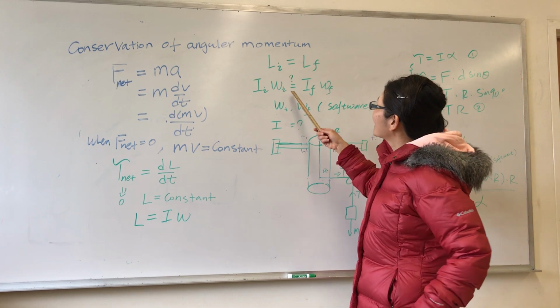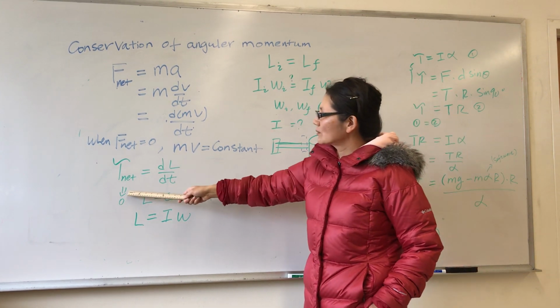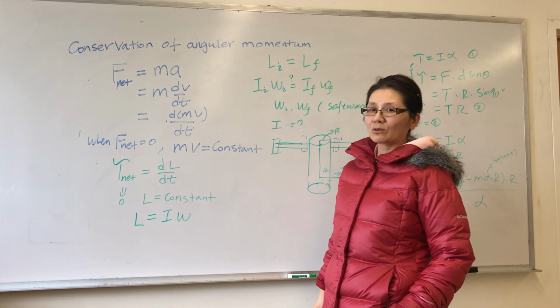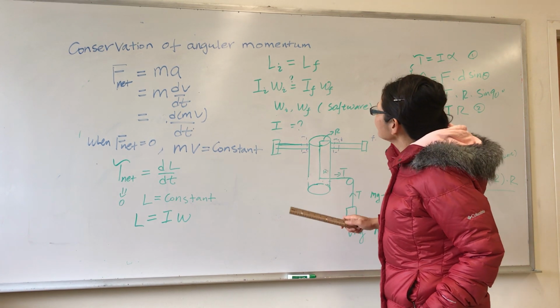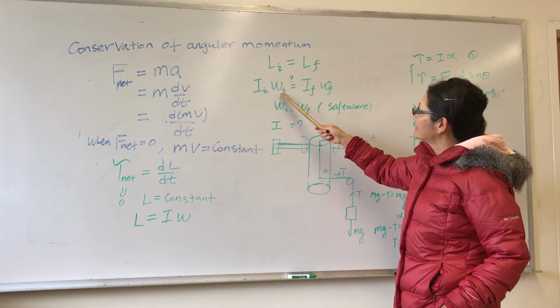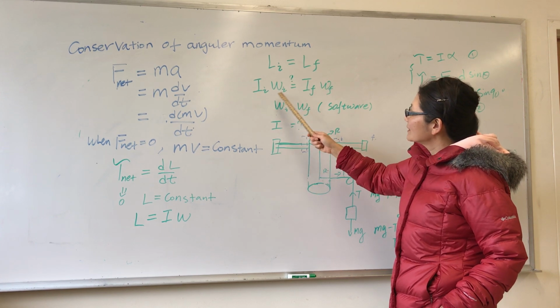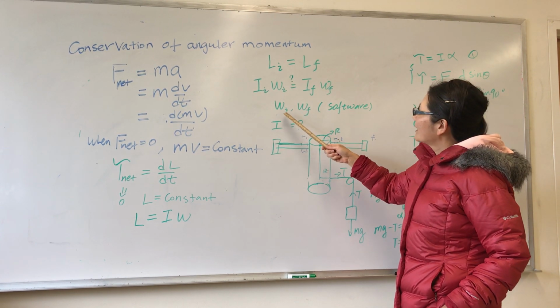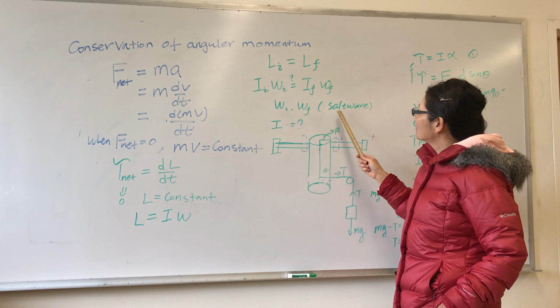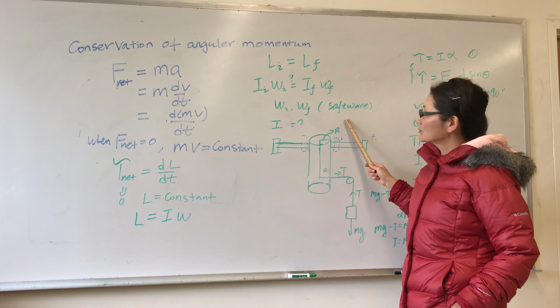If it's right, then angular momentum, when there's no external torque, will be conserved. We're going to find the left side and right side of this equation, calculate, and see if they're equal, okay? Omega initial and omega final we're going to get from software. I will show you later on.